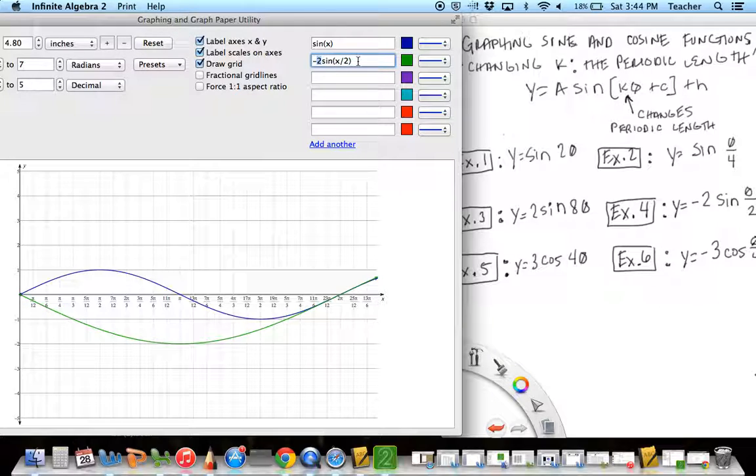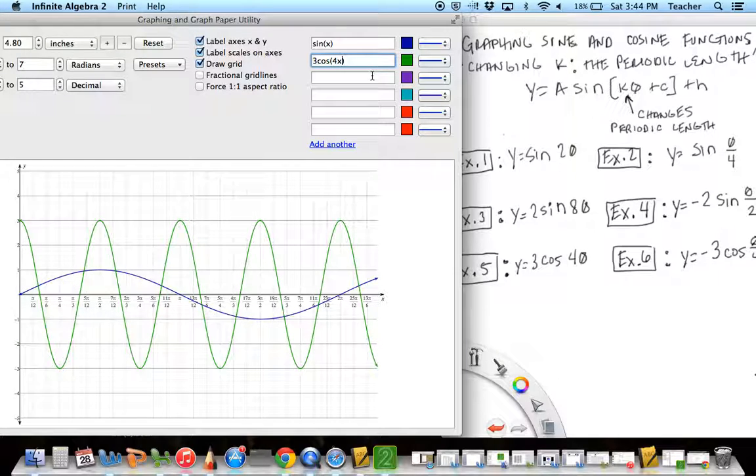Example 5 real quick. Let's see, 3 cosine of 4 times the angle, 4x. I'll graph the original cosine function.